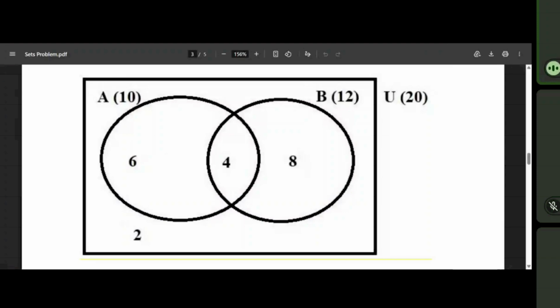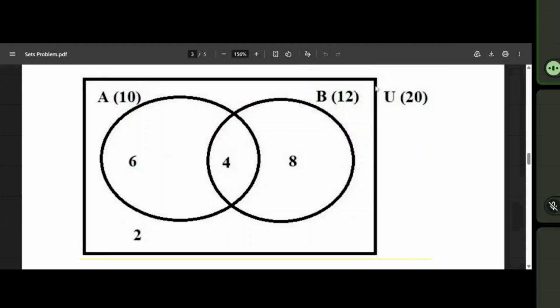Okay, so the 20 is a summation of all the figures, not those in brackets. When you add 10 to 12, you are going to get 22. And that means there is a double count, because the 4 here is counted in the 10. The same 4 is counted in the 12.